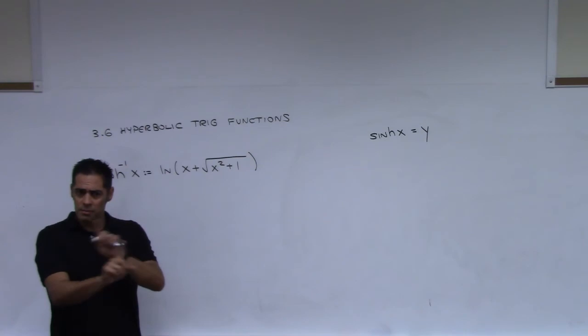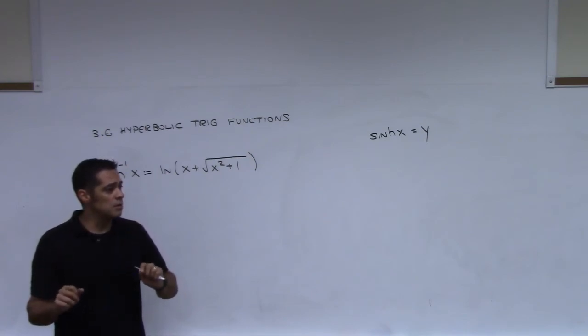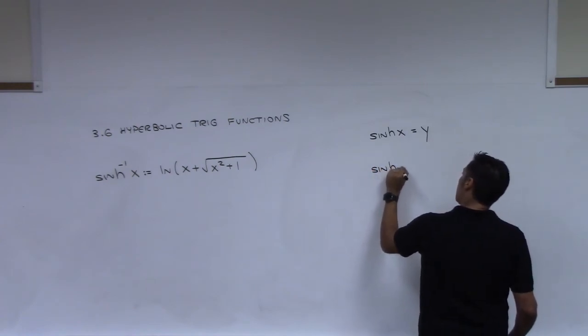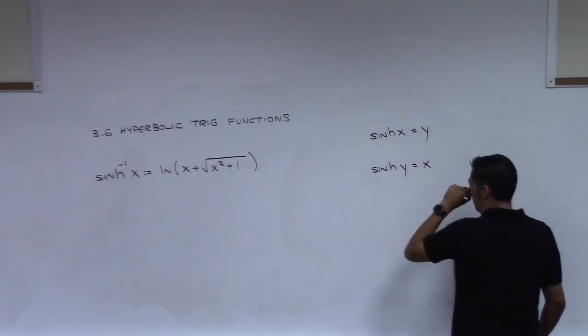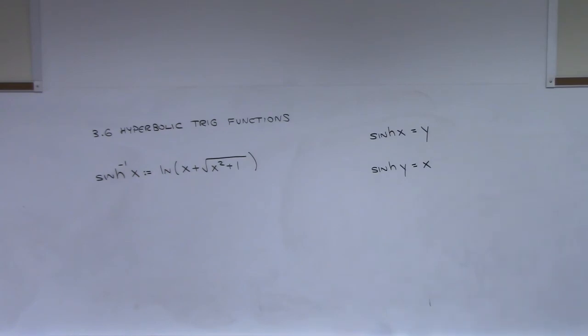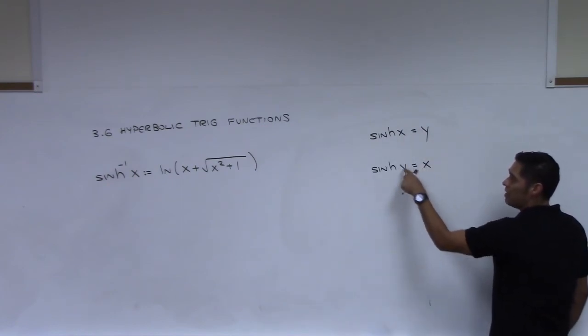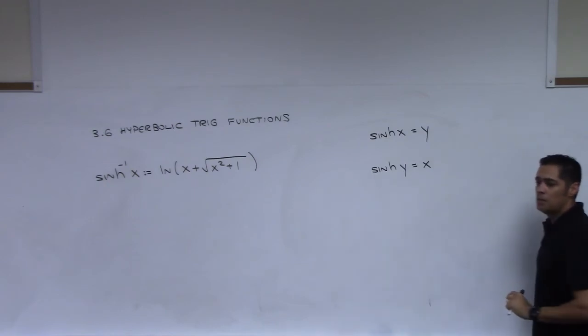Does this sound familiar? You switch x and y and then solve for y. So if I rewrite this, sine hyperbolic y equals x, and then try to solve for y, what do I get? So I switched the positions of x and y. Now I need to isolate y. I need to get it by itself.